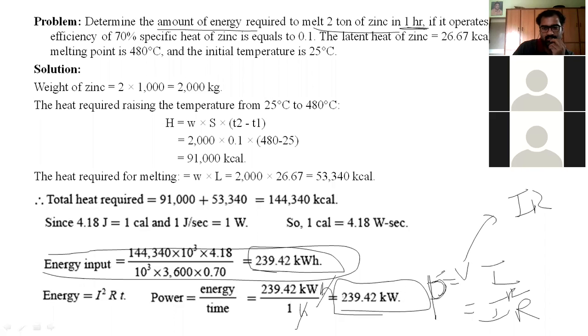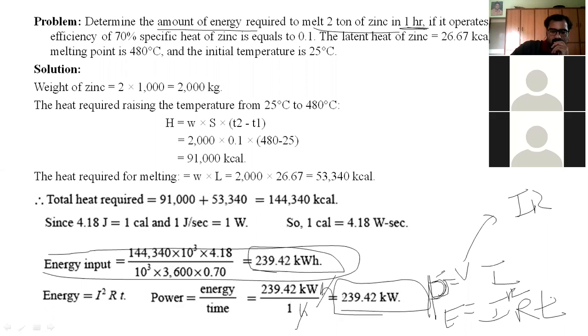Power is nothing but I square R. But when you want energy, you just place the T, that is, when we consider time, we get the energy I square RT. So that is going to be considered as energy.